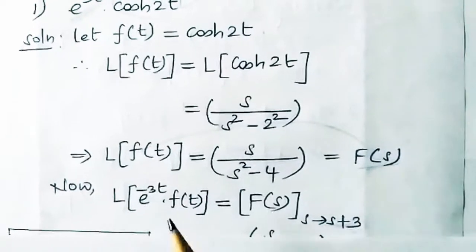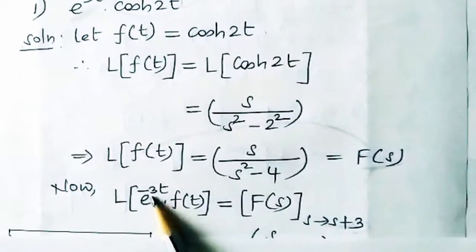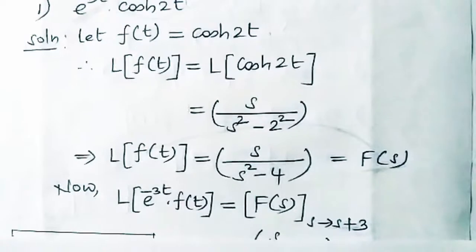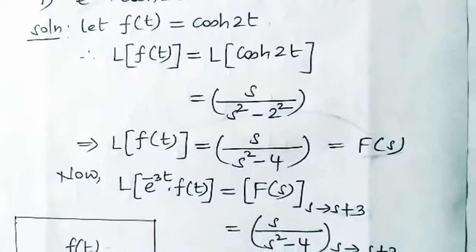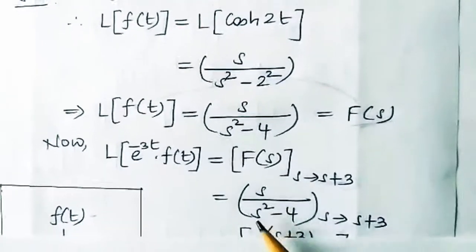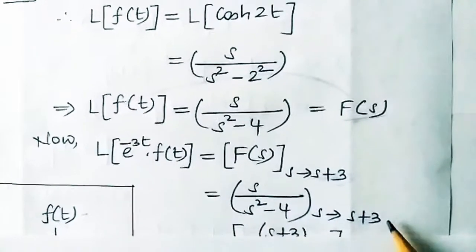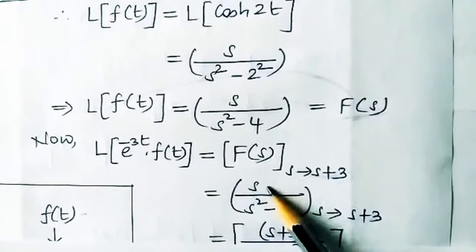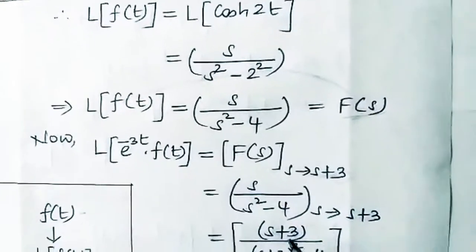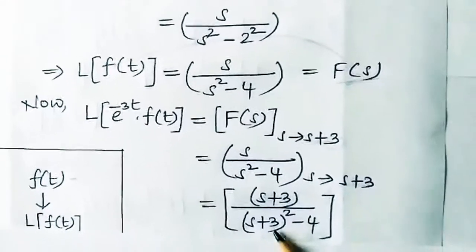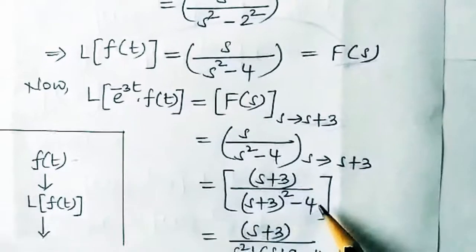Why plus 3? Because the coefficient of t was minus 3, so s has to be replaced by s plus 3. So accordingly, we may write s divided by s square minus 4 as s changes to s plus 3. Wherever s is there, just replace it by s plus 3, which is s plus 3 divided by s plus 3 the whole square minus 4.